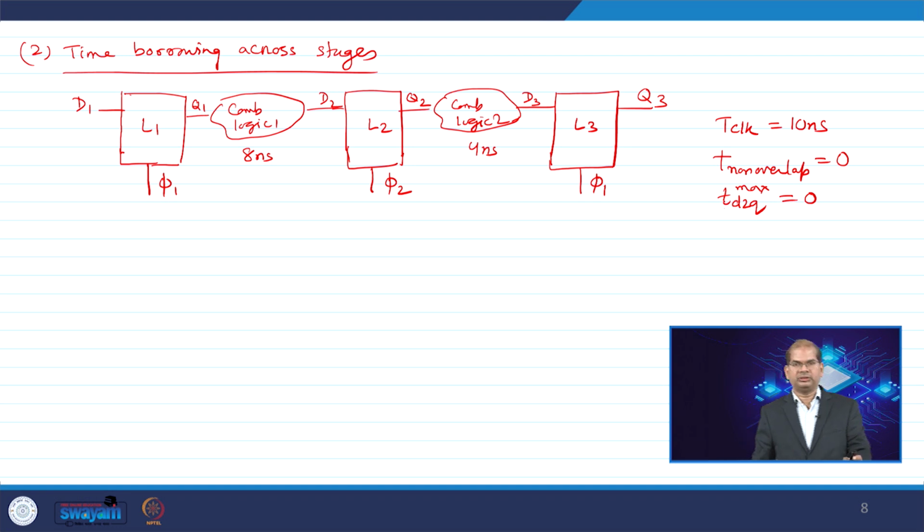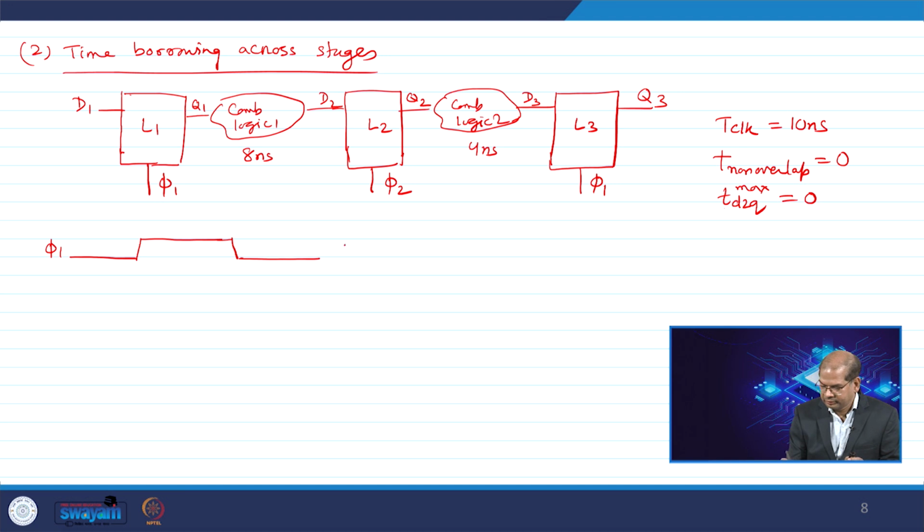We assume this for simplicity; it may come in real applications. So we have a phi 1 which is drawn like this, then phi 2 is the opposite phase, drawn like this.